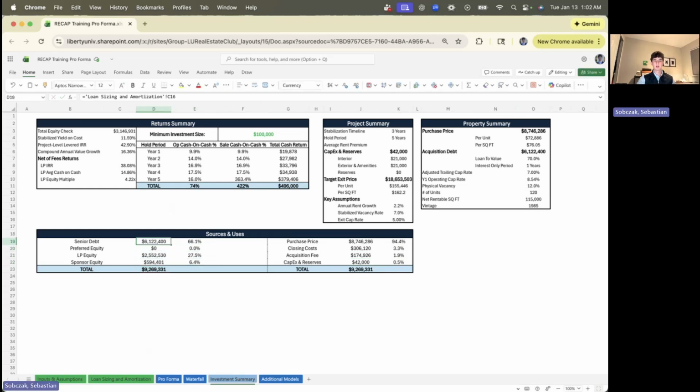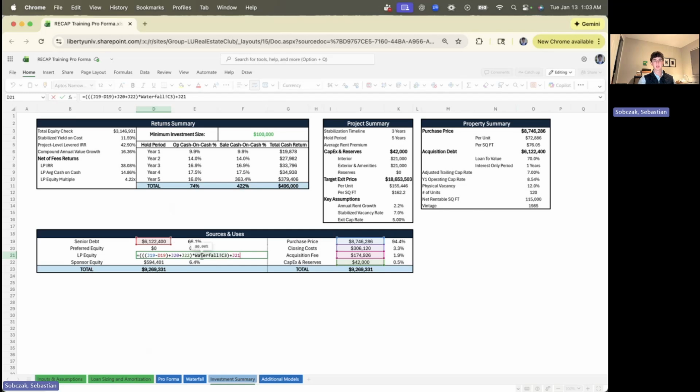Now for our senior debt, obviously I explained. Our LP equity is going to take a sum of a few things on this tab. So it's saying J19, our purchase price minus our senior debt plus our closing costs and CapEx and reserves. So your LP is going to cover closing costs and it's going to cover your CapEx and reserves.